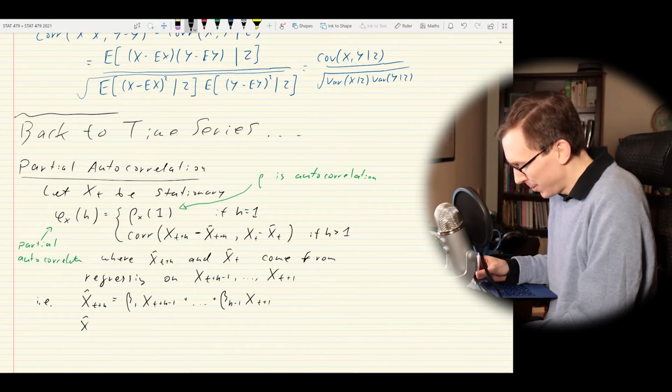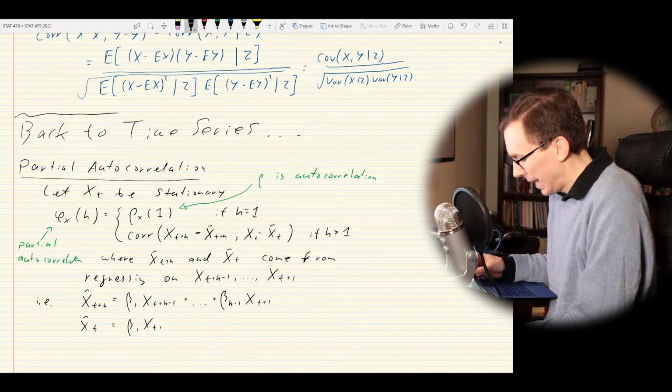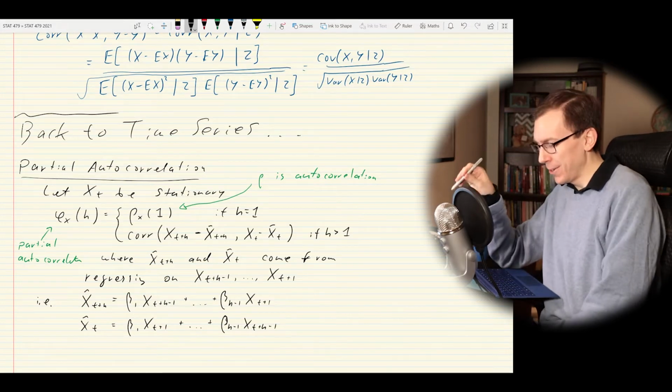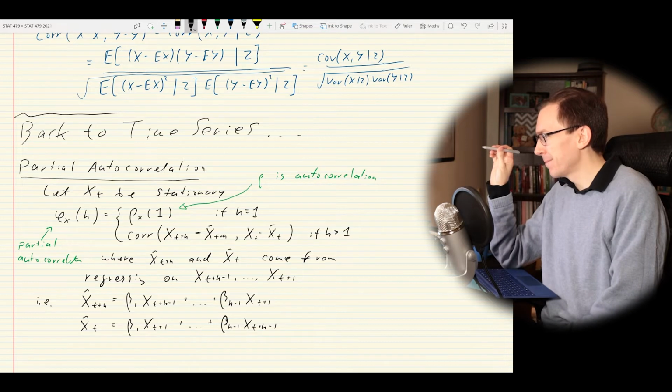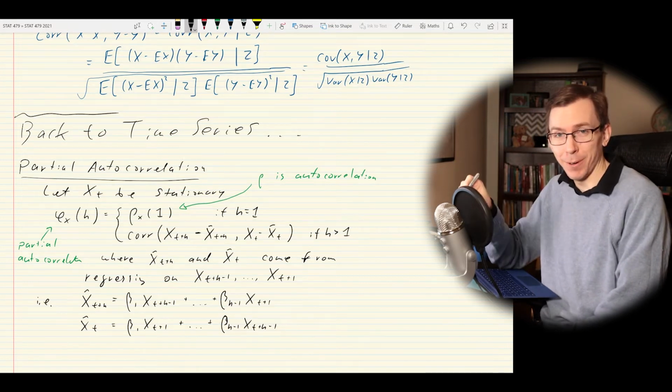And similarly, we will have x hat t equal to beta_1 x_{t+1} plus all the way to beta_{h-1} x_{t+h-1}. So the betas are the same betas in both equations.